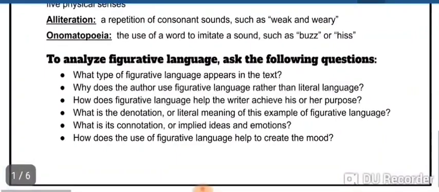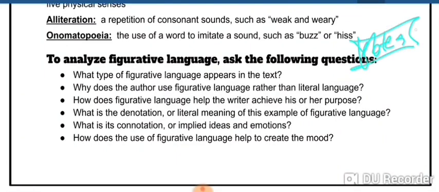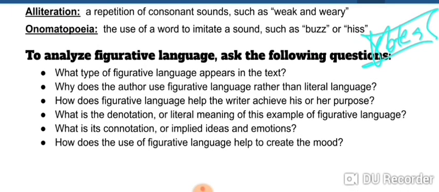These questions you should probably take notes on. Okay. Whenever you are analyzing, you need to know what type, so that's what type of figurative language, that is identifying. Why does the author use figurative language rather than literal language? What is the benefit that he's getting out of it?